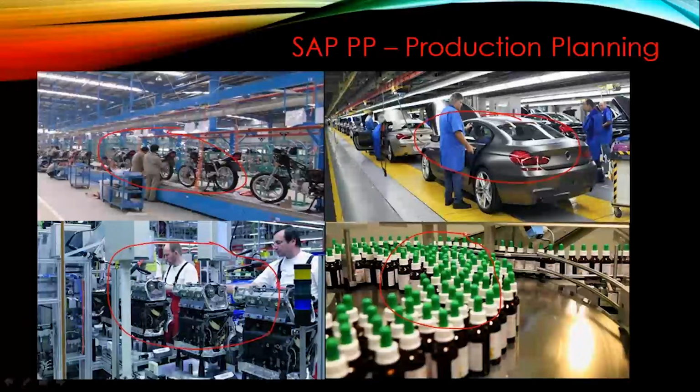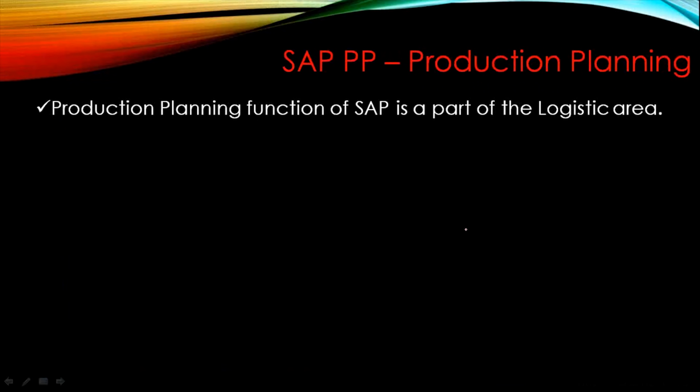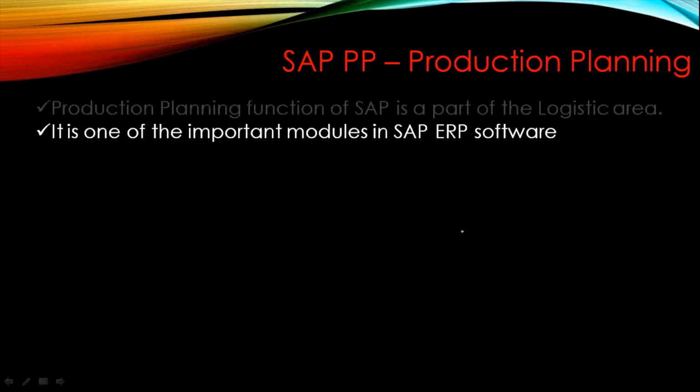PP stands for production planning. In this training, we'll be learning all about how SAP can be used in the production planning environment. The production planning function of SAP is a part of the logistics area, so you can think of it as the logistics part of SAP.